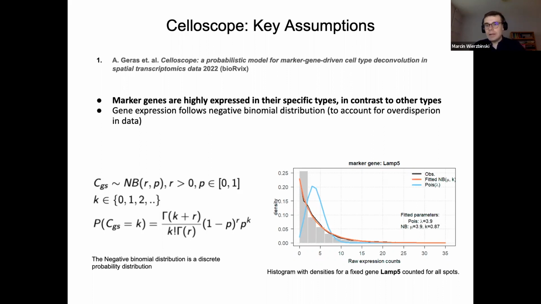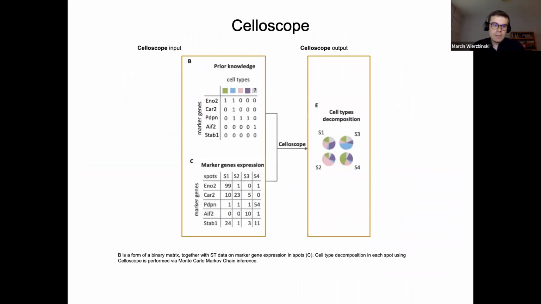So let's see this model as a structure graph. The Celloscope model estimates cell counts and the binary matrix based on a priori knowledge from the gene expression.